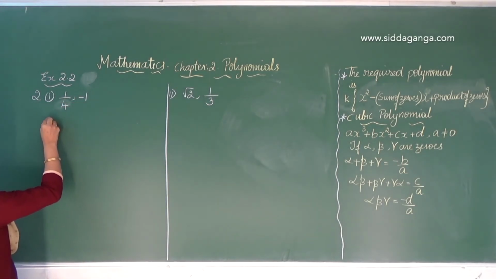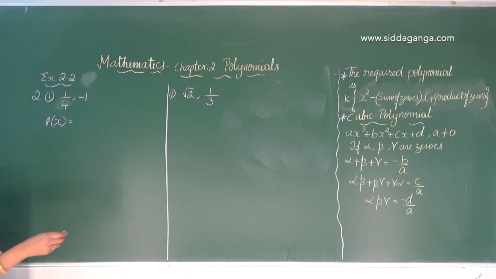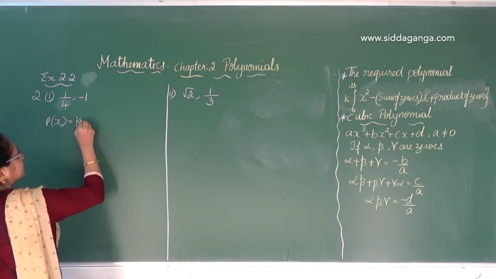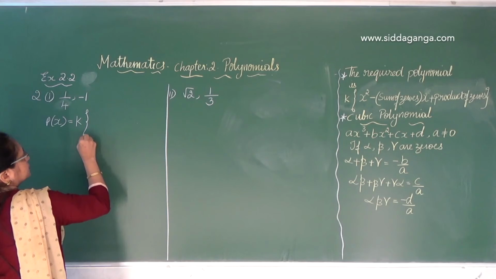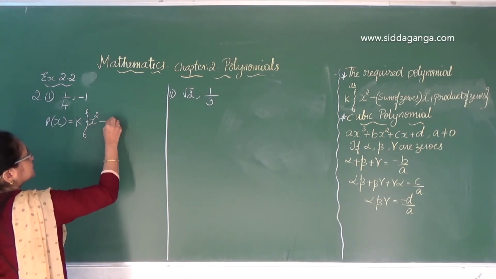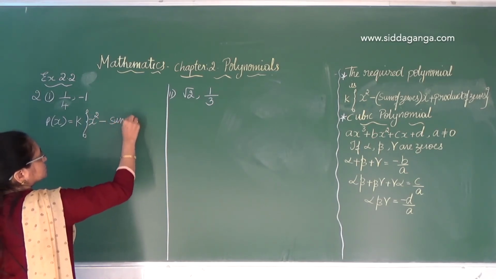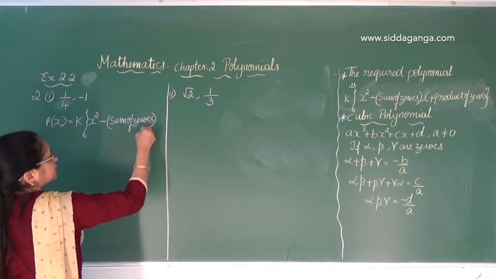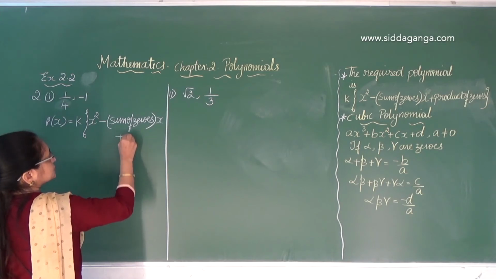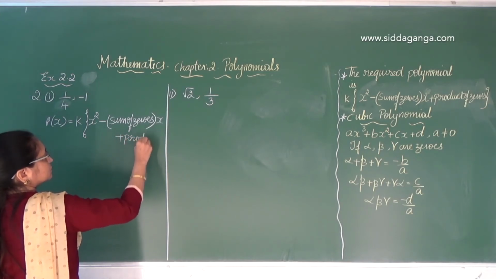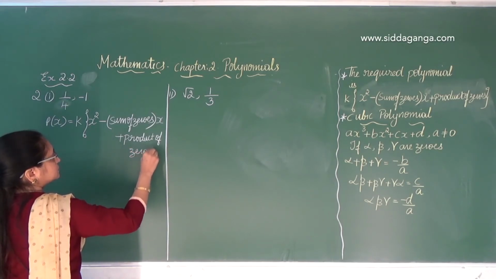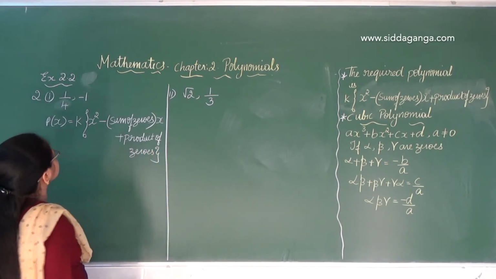Now the required polynomial p of x is equal to, you want to find out the required polynomial means we will write the formula first, k into x square minus sum of zeros into x plus product of zeros. Close the bracket.